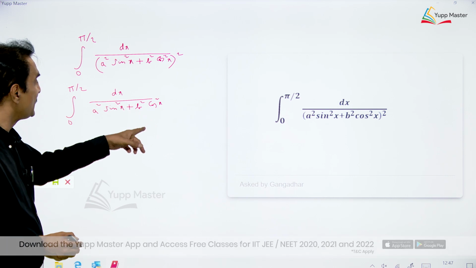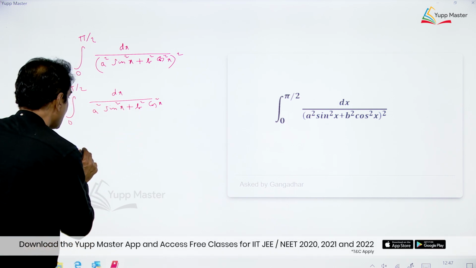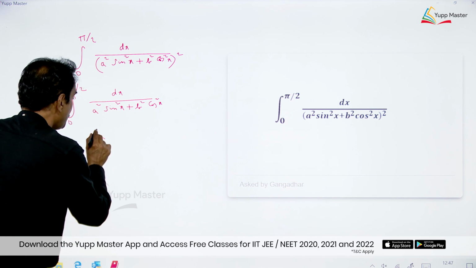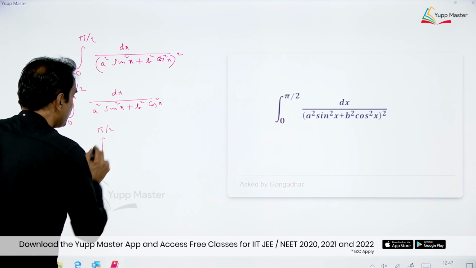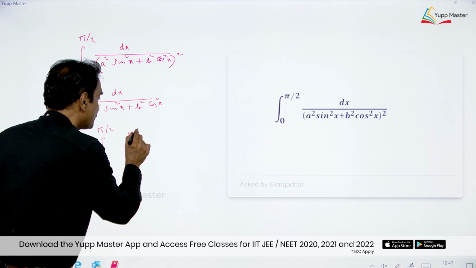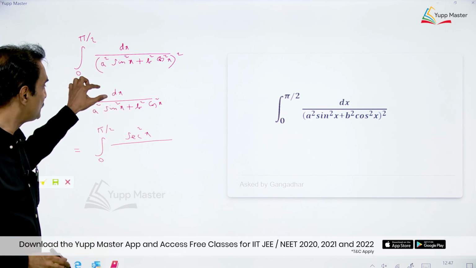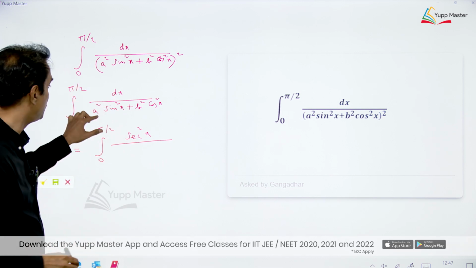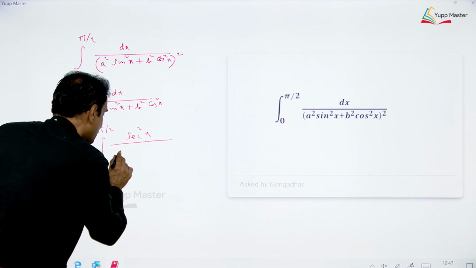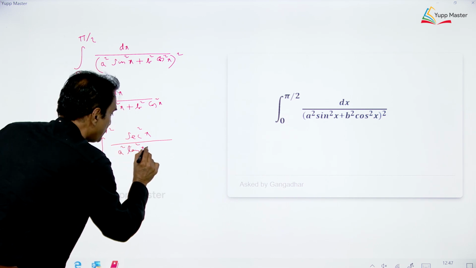If you divide numerator and denominator by cos square x, you will get integral 0 to pi by 2 secant square x by a square tan square x plus b square.